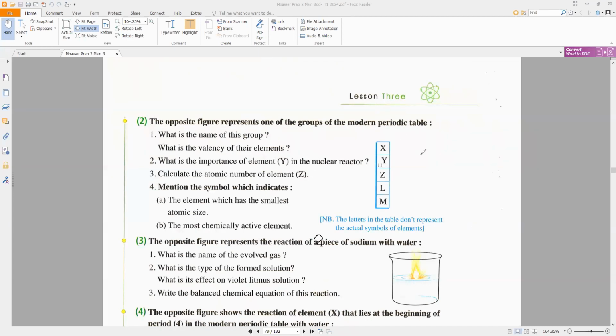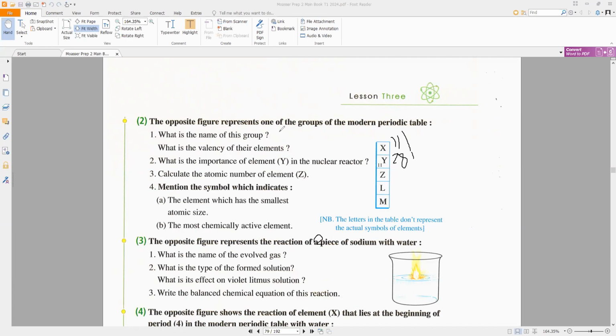Okay, this is the opposite figure. We see X, Y, Z, L, M, but Y has atomic number 11. So it has two electrons in the first energy level, 8 in the second, 1 in the third. So it has 1 electron in the outermost level, so it's an alkali metal.